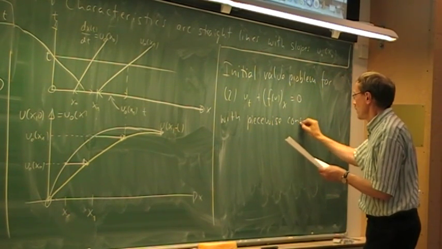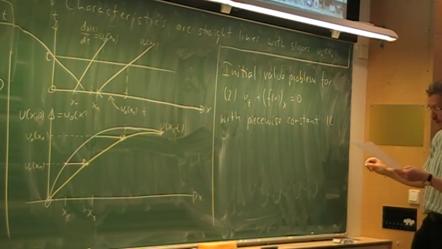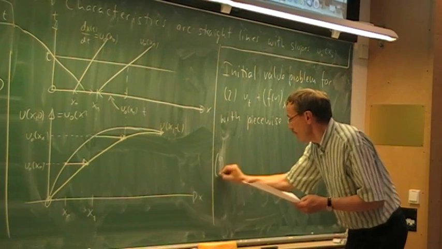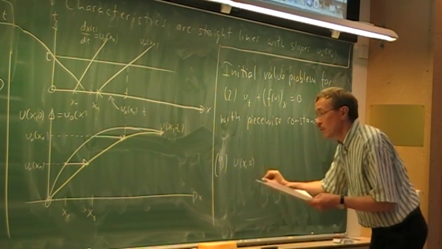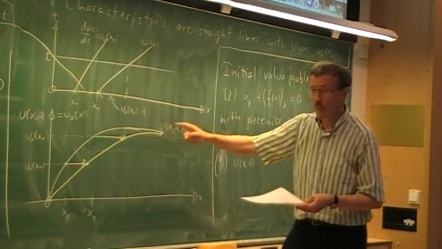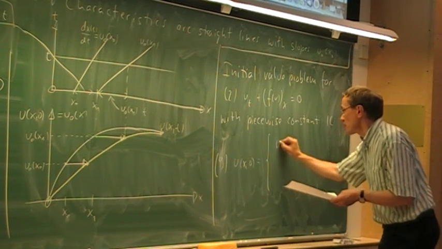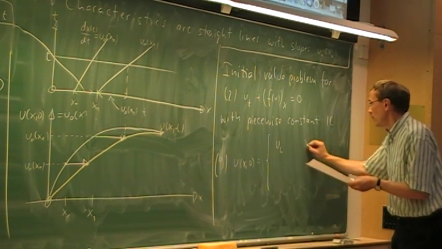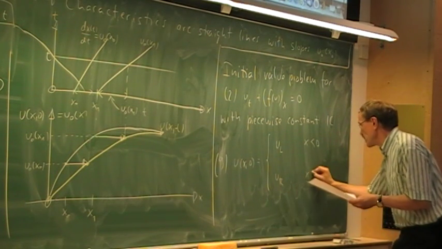Piecewise constant initial condition. And that is the following, that is (9). We have u of x,0. Here the initial condition was some part of a sine wave. Now we take something much simpler, we take constants: ul for x smaller than 0 and ur for x greater than 0.